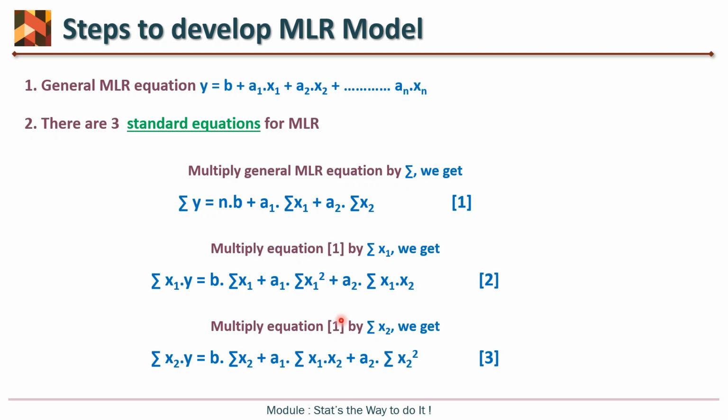Now for equation number 3, again we will use equation number 1 and multiply it by summation x2. So again it will become summation x2 y plus b summation x2 plus a1 summation x1 x2 plus a2 summation x2 square.